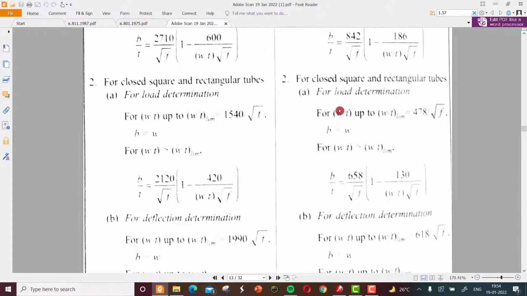For tubes, we have load determination 478 by root f. So this is the value. You can either use that 1540 by root f, which is available in the IS code. So we are using this equation and we are checking with this.